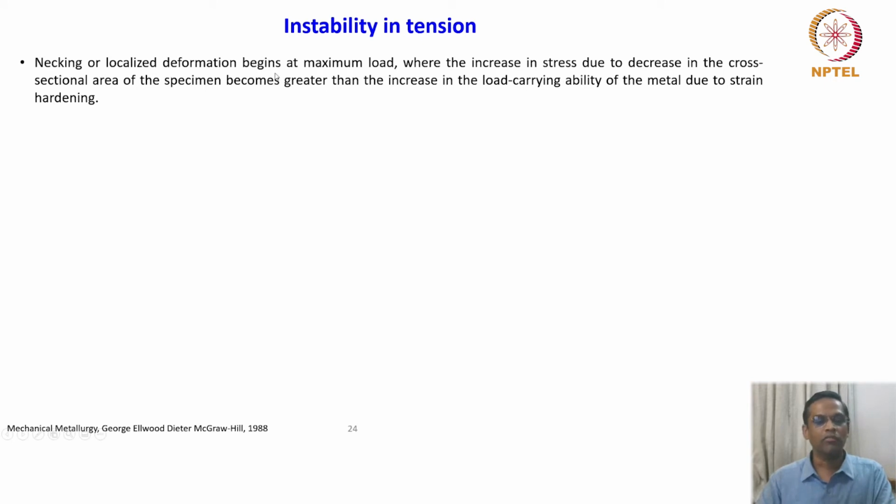Necking, or localized deformation, begins at maximum load, where the increase in stress due to decrease in cross-sectional area of the specimen becomes greater than the increase in the load carrying ability of the metal due to strain hardening.